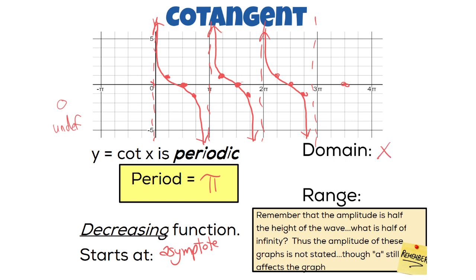You're going to list what x cannot be. And the very first asymptote is at 0, meaning x cannot be 0, plus every pi n. And ultimately, you could leave out the 0. That doesn't really do anything. You could just say x cannot equal plus or minus pi n. I kind of like the 0 because it designates where the first asymptote is going to go. Range, just like tangent, negative infinity to infinity.